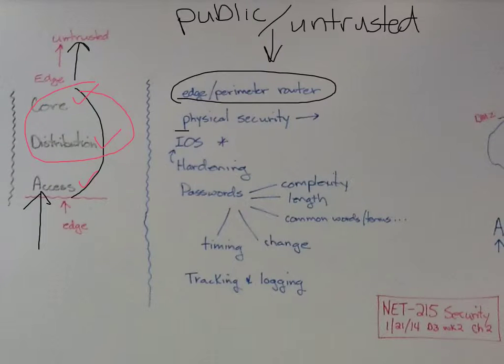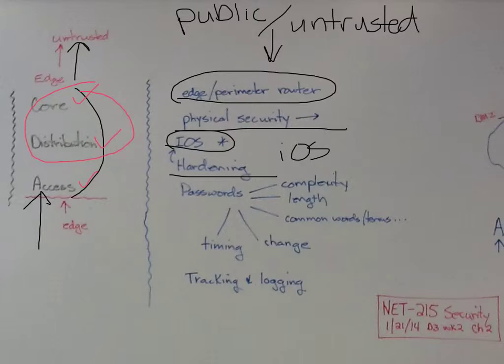We covered physical security: lock the room, access the room, all of the items to physically keep the equipment. We talked about keeping the IOS up to date, and here we're talking about internetworking operating system, and don't confuse that with little iOS, like in your iPhone.